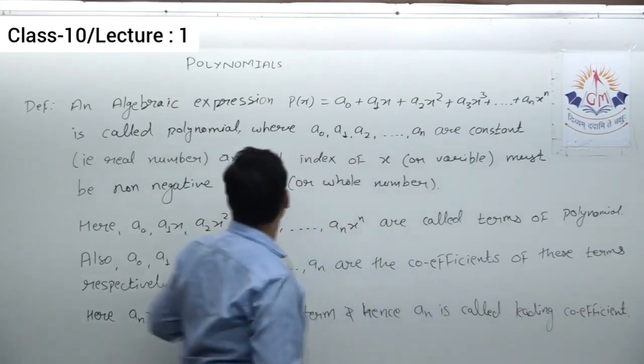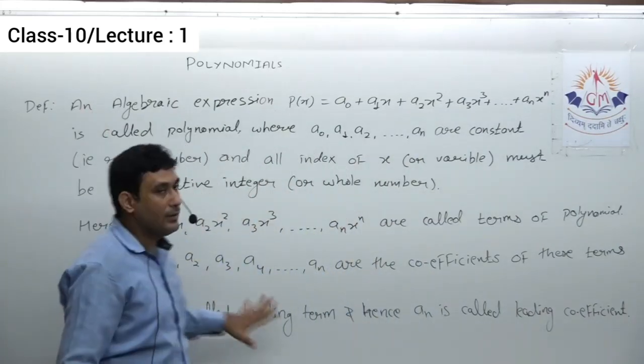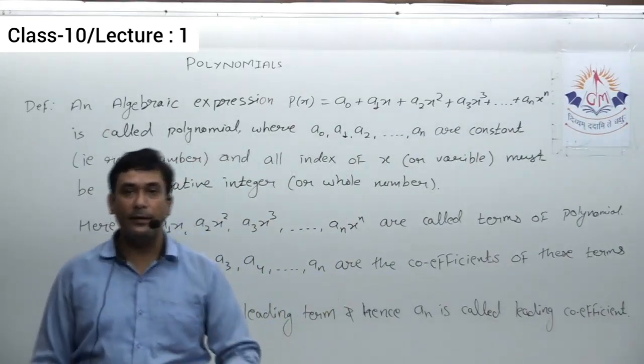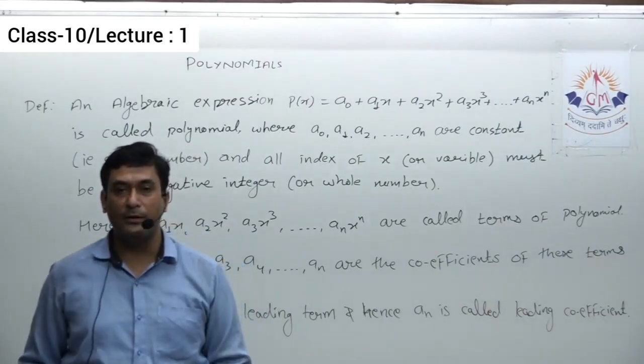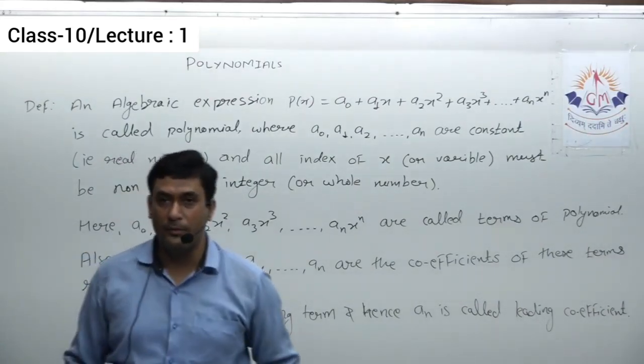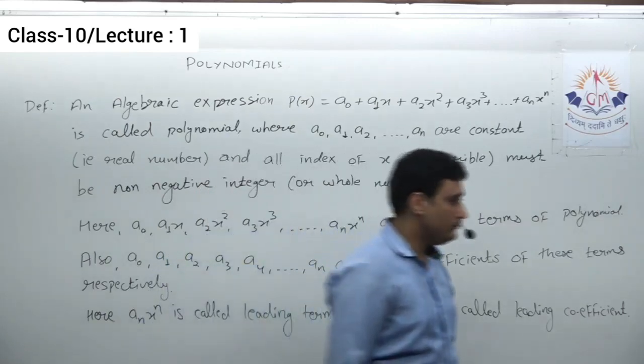So please note down this. Then on the basis of this, we'll see one question, that how to identify whether the given expression is a polynomial or not. But first of all, note it down.